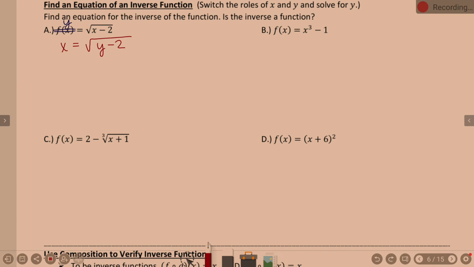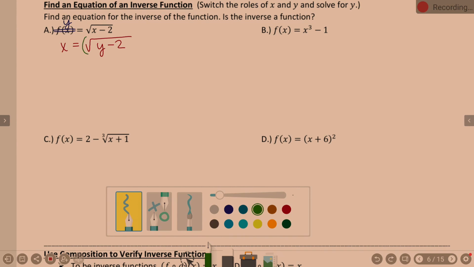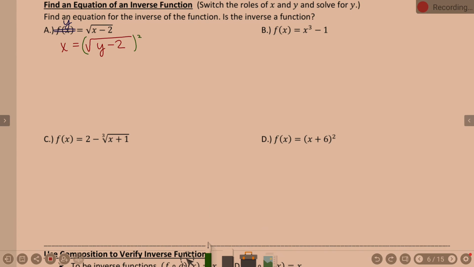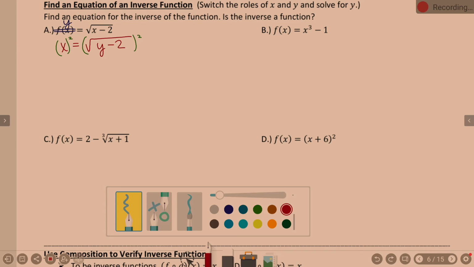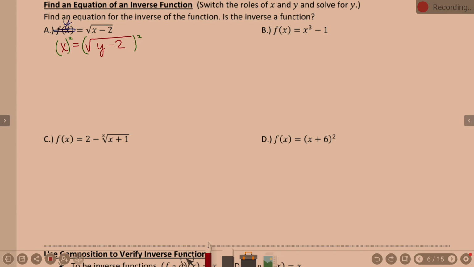Now your job is to solve for y. Thoughts on how I work to solve for y on this one? That y is under a square root, right? So since y minus 2 is under a square root, to get rid of a square root, we're going to raise to the power of 2. What we do to one side, we do to the other side. So what is x when you raise it to the power of 2? X squared.